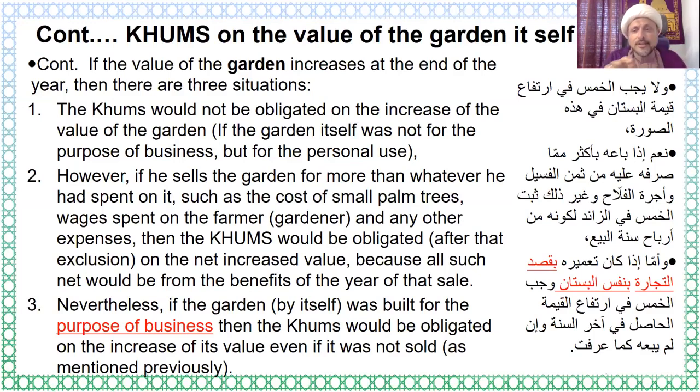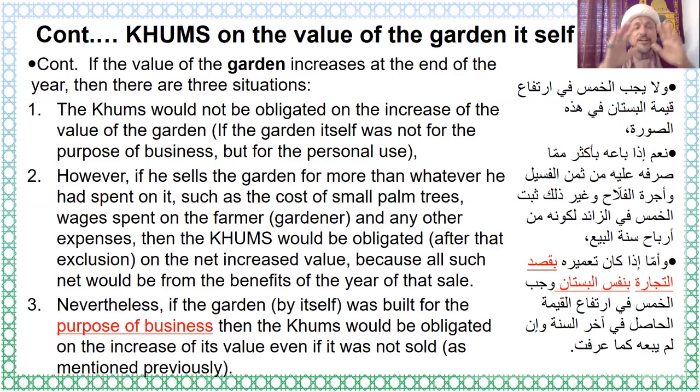Good. Last bullet. However, if the garden itself was for business purpose, red color coming back, red is for the businessman. وجب الخمس في ارتفاع القيمة الحاصلة في آخر السنة وإن لم يبيعه كما عرفت.